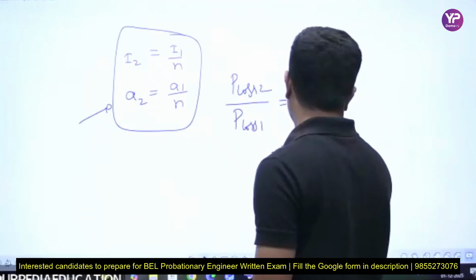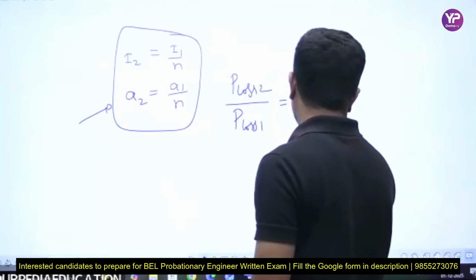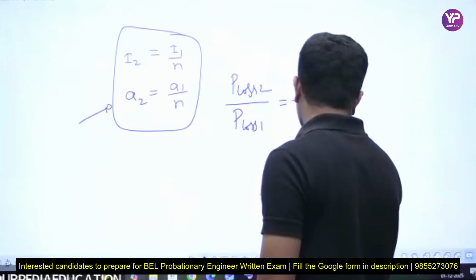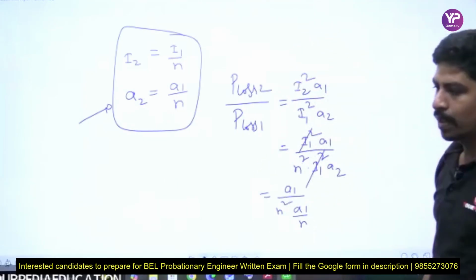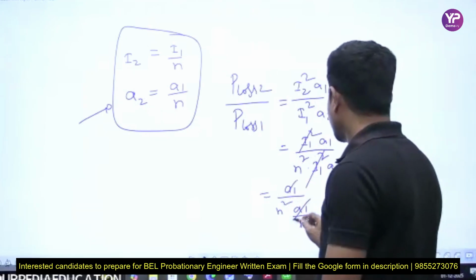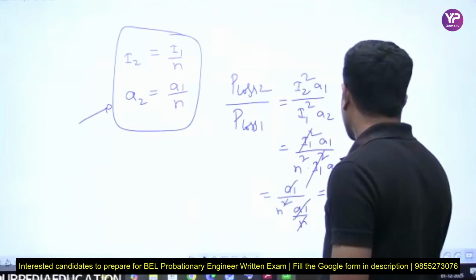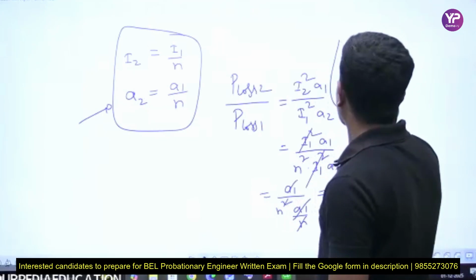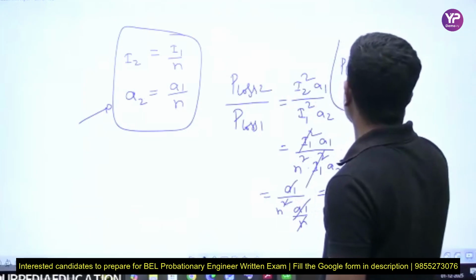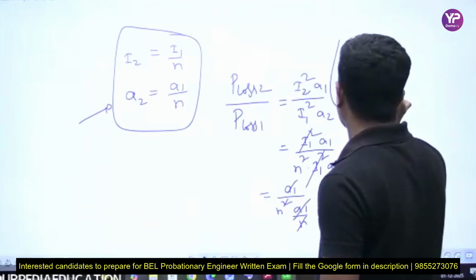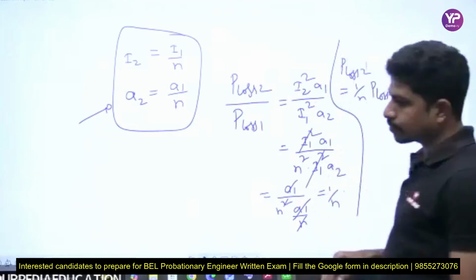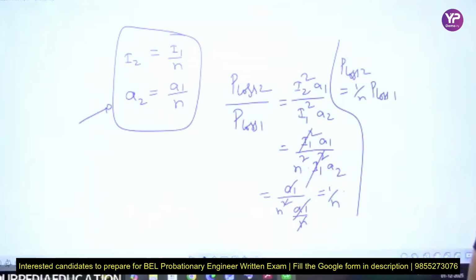I1 square cancels, leaving A1 by n square into A2. But A2 is A1 by n. So A1 cancels, and I can write power loss 2 is 1 by n times power loss 1. I hope you got it.